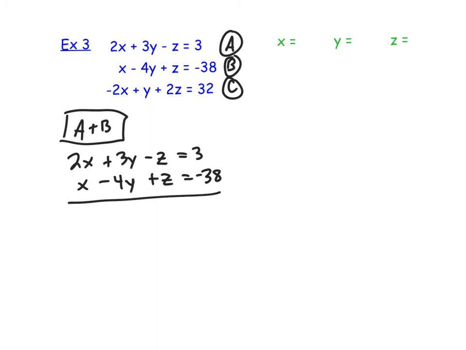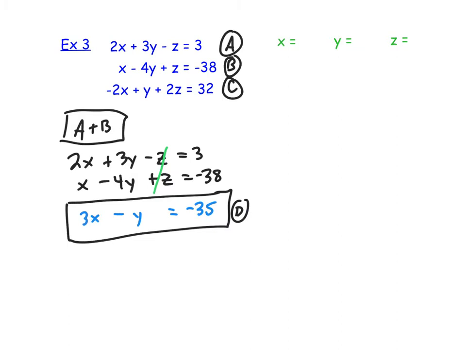If I add these two together, the minus z and plus z are going to cancel out, and we are left with 3x minus 1y equals negative 35. So this is our new equation with x's and y's. I'm just going to call that equation D.